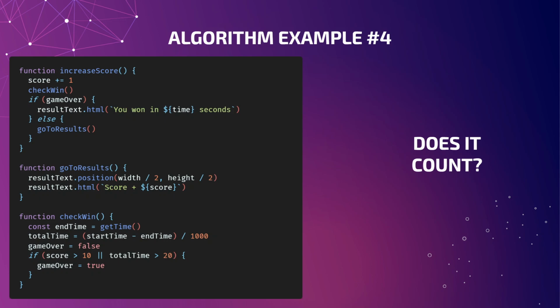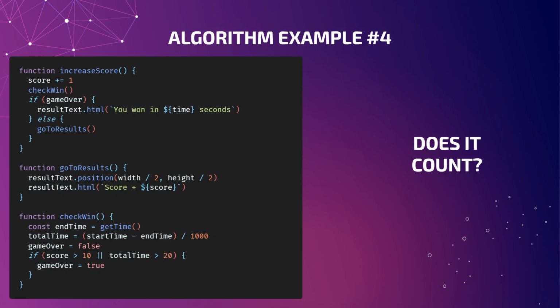I don't know. Function check win. Okay, what this person does is it goes and uses the JavaScript get time function, and so it sets the end time basically now, and it calculates total time. So this counts, right? This person sets up a simple equation here to basically find out how much time has elapsed.